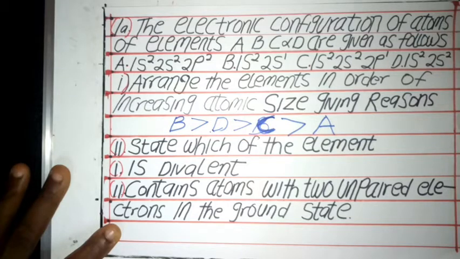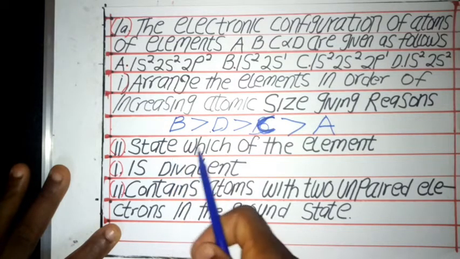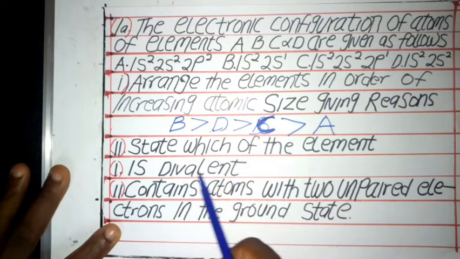The second question: state which of the elements is divalent. When something is divalent, it has a valency of 2. A group 1 element has a valency of 1, a group 2 element has a valency of 2.